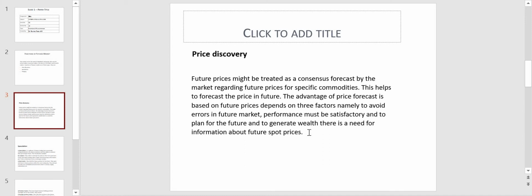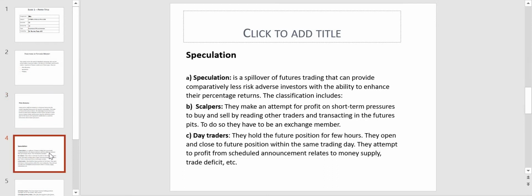That is, you have to avoid errors in the future market, you have to see the underlying asset's performance is satisfactory, and you have to plan for your future. By keeping these factors in mind, you can generate wealth if you get right information about the future prices of your underlying assets. So future price of the underlying asset will be foreseen in futures contract. Therefore we can tell price discovery takes place in futures contracts.